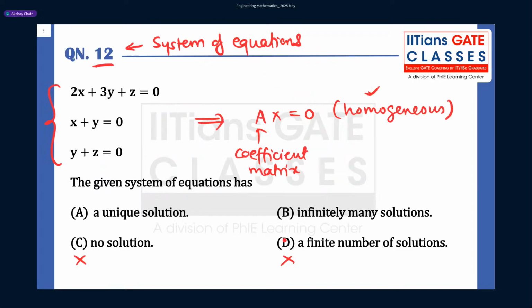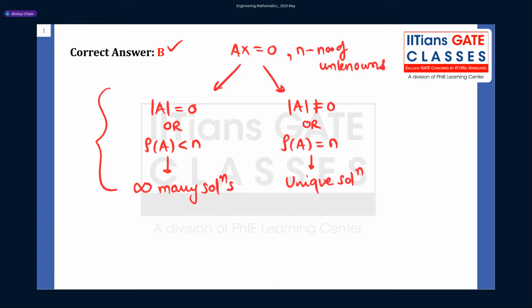So this is how you should approach this type of question, and multiple times such questions have been asked in previous years also. Sometimes they will give you a homogeneous system of equations, sometimes a non-homogeneous system. In that case, the RHS will not be a null matrix, it will be some column matrix, and then there are three cases there, so you should remember that tree diagram.